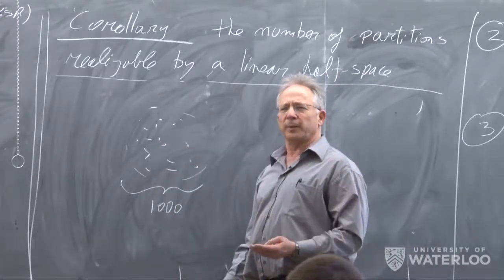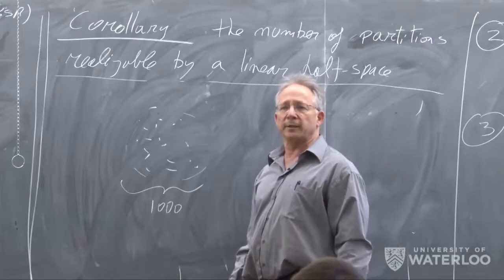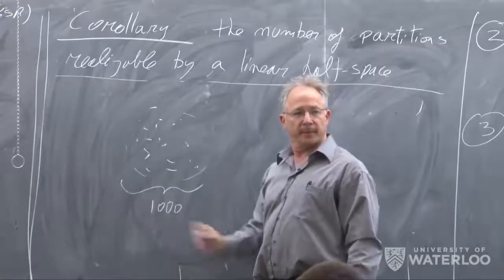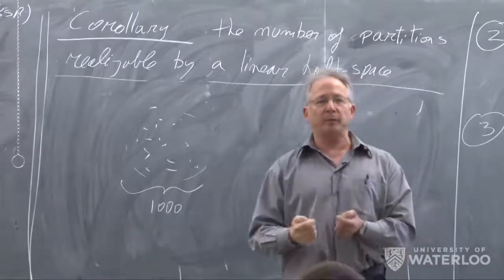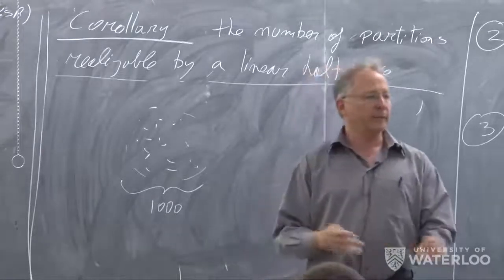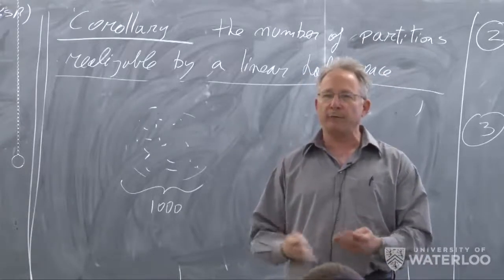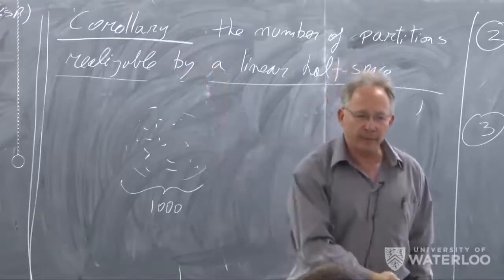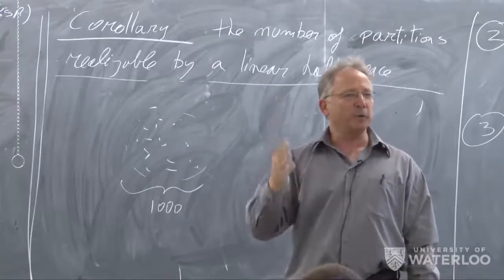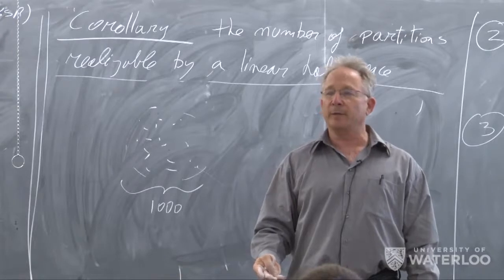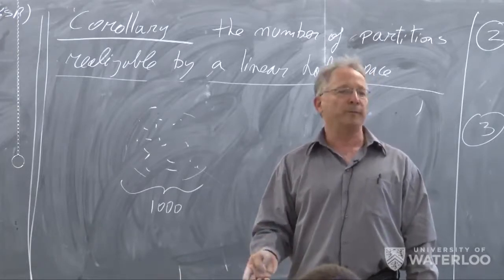What fraction of those partitions are going to be realizable by a straight line? So I'm partitioning my points into black and white, and I ask, how many black-white colorings do I have that can be separated by a straight line? Is it going to be most of the black-white colorings, or only a small fraction of them?